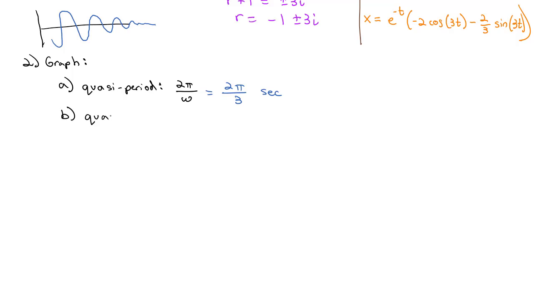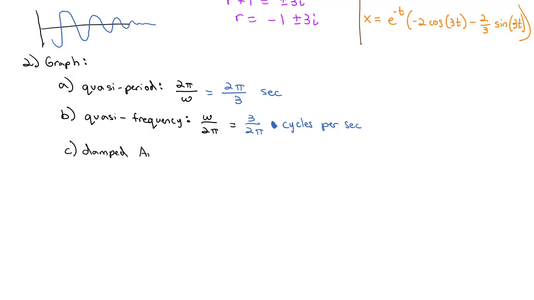We can also talk about what we might refer to as the quasi frequency, which again is just going to be the reciprocal, omega divided by 2 pi. In this case, 3 divided by 2 pi cycles per second. So about half of a cycle in a second. And then we can also talk about what's going to be the damped amplitude.